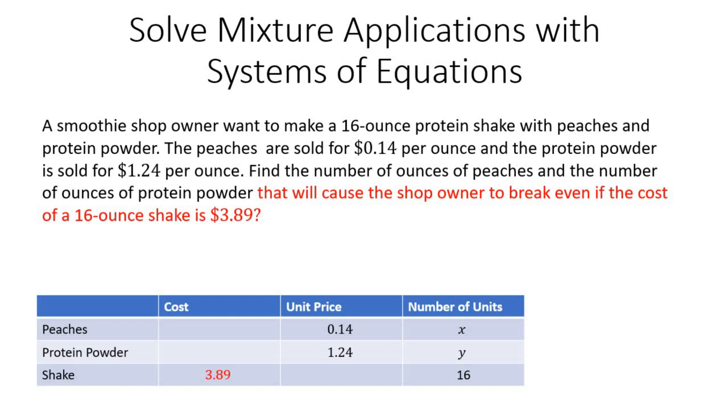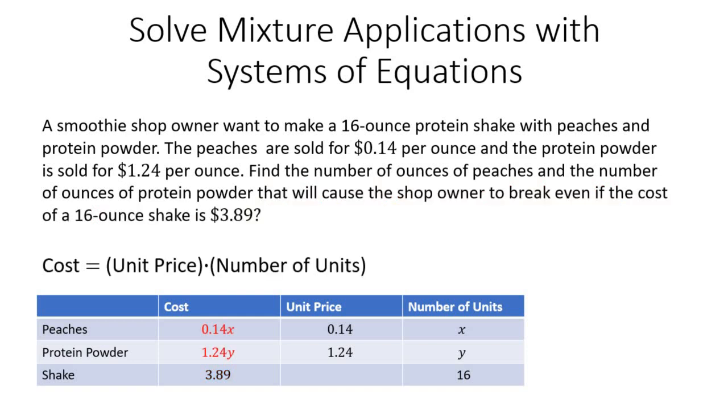Remembering that the total cost is equal to the unit price multiplied by the number of units, I can just multiply 0.14 by X and 1.24 by Y to get the two entries that go into this column. So cost equals unit price, which is 14 cents times X, so that's 0.14X, and $1.24 times Y, which is 1.24Y. So here I have the table filled out, and this is all the information gathering I need.